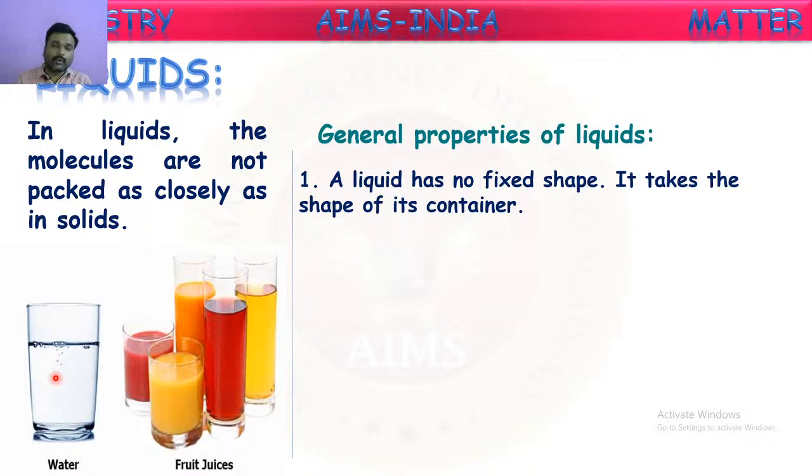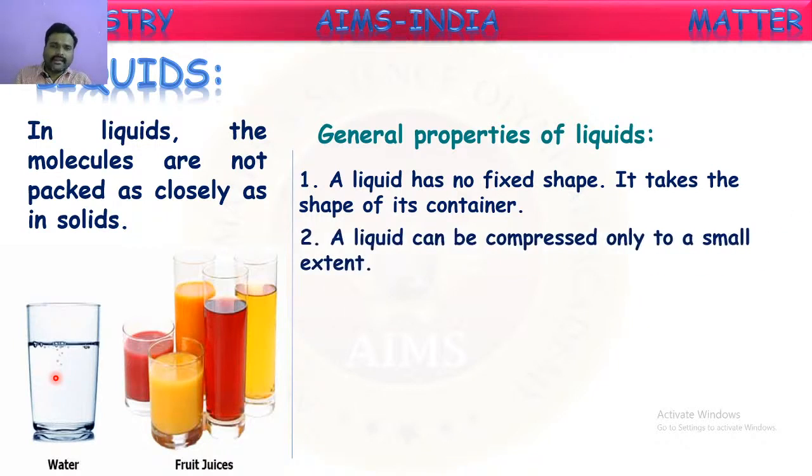In this way, not only water, all the liquids in the same way do not have any fixed shape. They take the shape of the container in which they are kept. So next property, a liquid can be compressed only to a small extent. As we said already, solids cannot be compressed, or the compressibility in case of solids is very less.